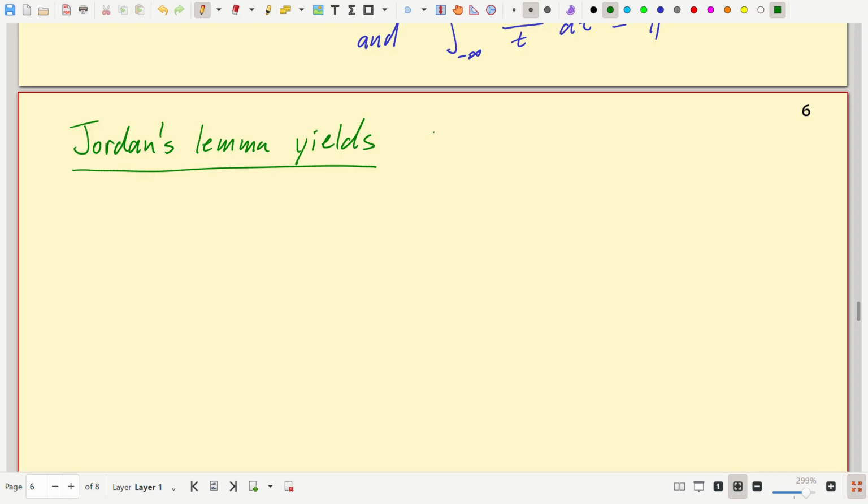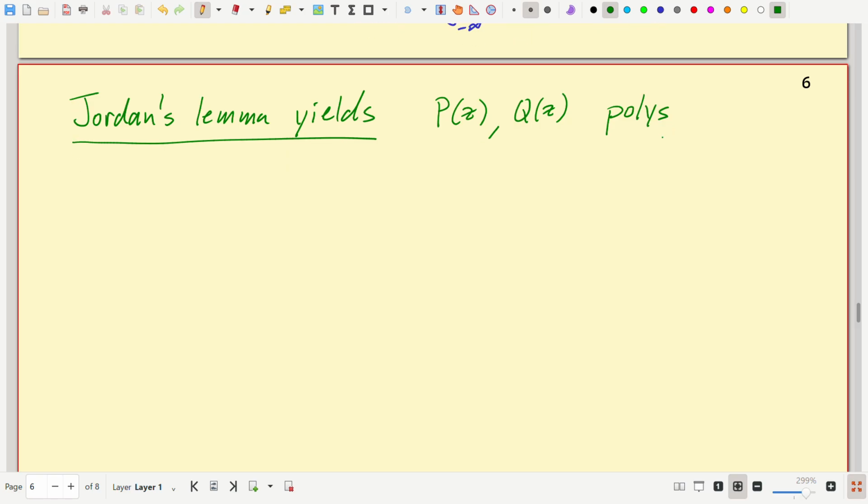So if we have P of z and Q of z polynomials, usually I wanted the degree of Q to be at least 2 bigger than the degree of P. But now I can make it be only 1 bigger.